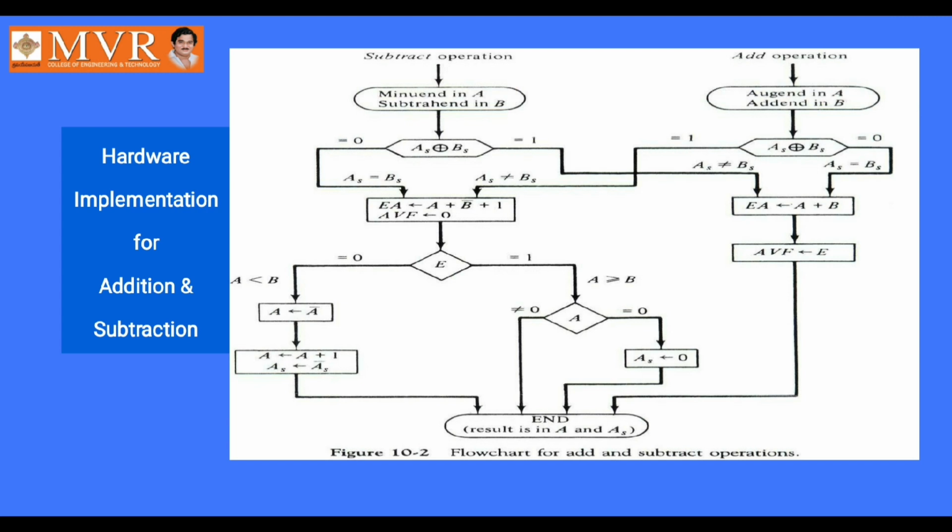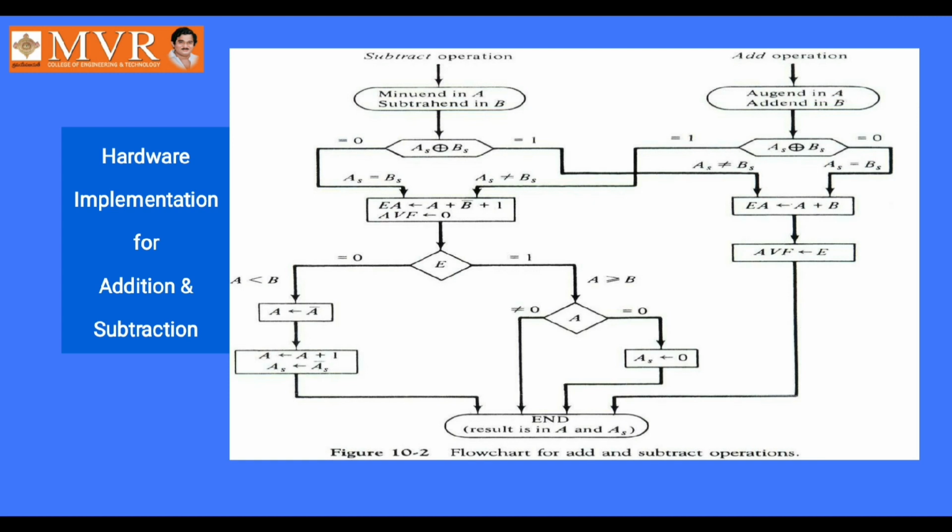So this flowchart is going to give you two operations. You can see two parts are there: subtract operation and add operation. If you consider the subtract operation, the minuend is in A and the subtrahend is in B. So the A sign bit and B sign bit are XORed.